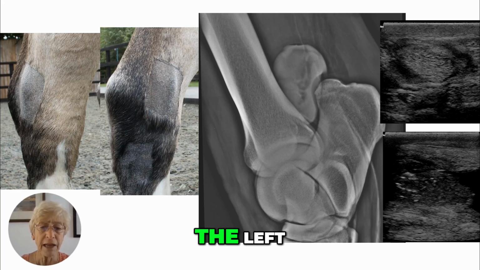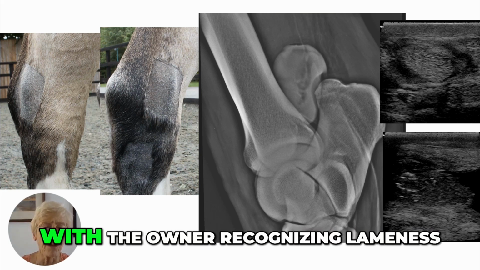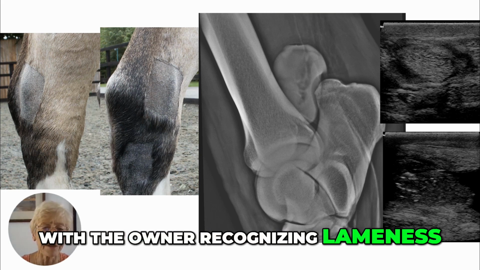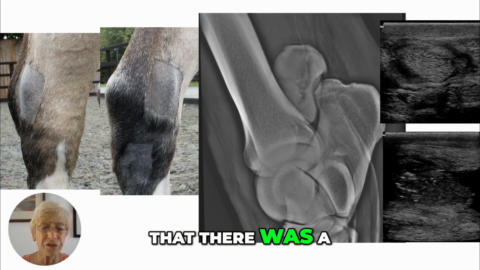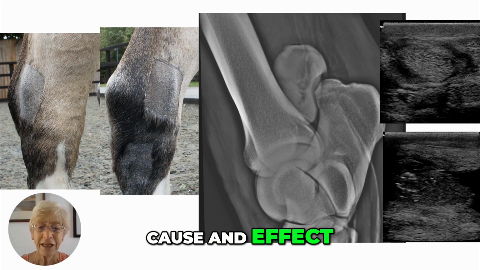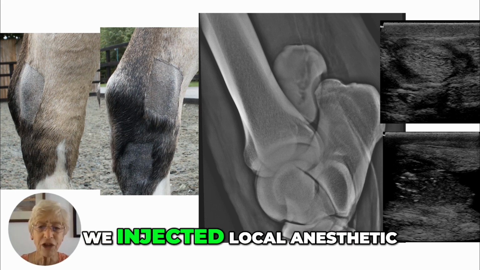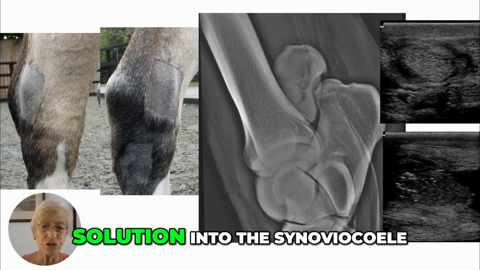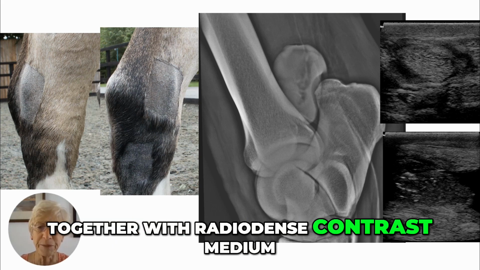In the horse on the left, the swelling developed concurrently with the owner recognizing lameness. So she was very concerned that there was a cause and effect. In order to determine whether or not that was the case, we injected local anesthetic solution into the synovial together with radiodense contrast medium.